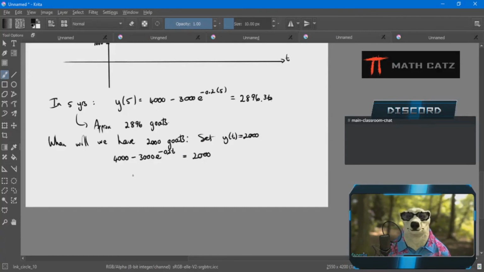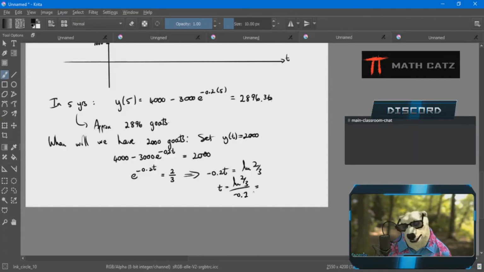So that means e to the negative 0.2 t. Feel free to break it up into more steps and pause and think about it if you're watching this after the fact. I want to move this to the right, 2000 to the left to get 2000 over 3000. I'm just running out of space here a little bit. So then I get negative 0.2 t equals log of 2/3. So t equals log of 2/3 over negative 0.2.